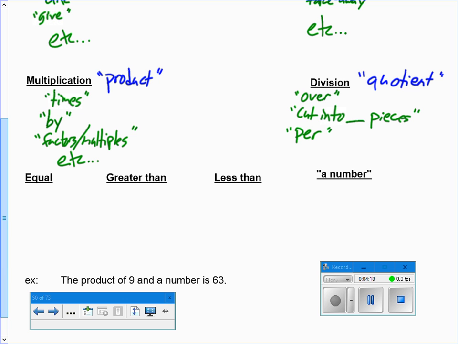Per is another one that means division. And also, since fractions are talking about division, that bar on a fraction represents division. Anytime we see anything about a ratio, that means division. Again, there are other words that mean division. This is just things that relate to this. Think of division.